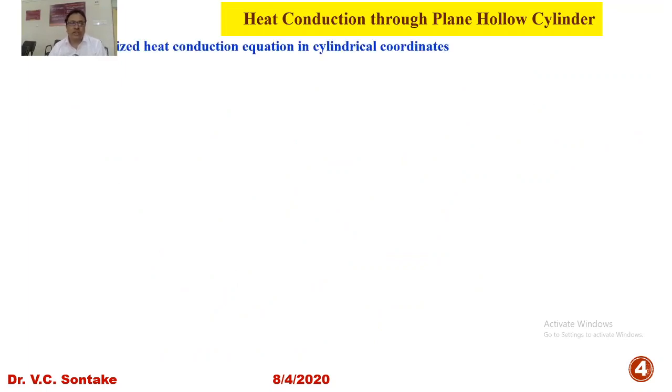Now, since the body under consideration is of cylindrical shape, we have to recall the generalized heat conduction equation in cylindrical coordinates, which is given as follows: del square T over del R square plus 1 by R del T over del R plus 1 upon R square del square T over del phi square plus del square T over del Z square plus Q dot G over K is equal to 1 by alpha del T over del tau, where R, phi and Z are the directions of heat flow in the cylinder.